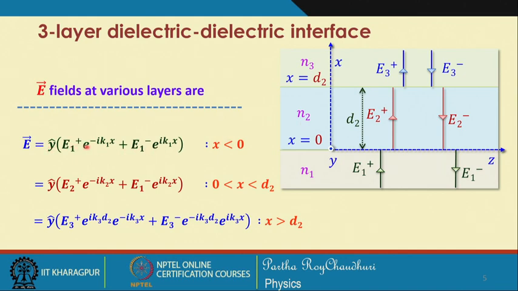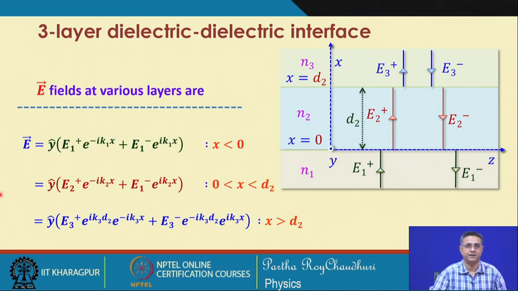Therefore, the electric field in the layer x less than 0 is equal to E1 plus, a forward propagating wave, e to the power of minus i k1 x with a minus sign, because this is moving in the positive x direction, and this is the reflected one, E1 minus, and because it is propagating in the negative x direction, there is a plus sign.